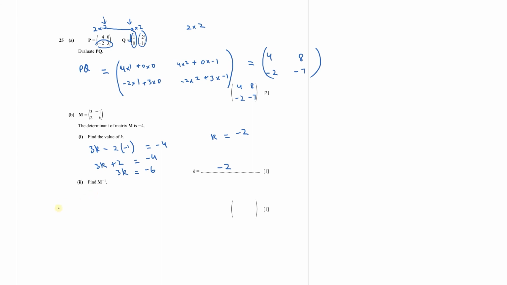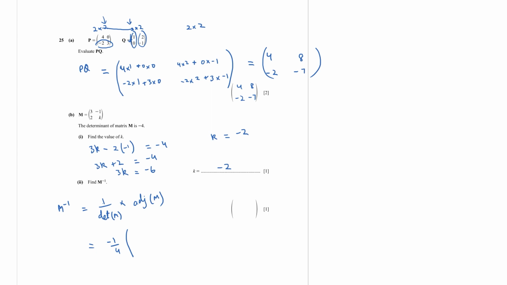Find M inverse. M inverse will be 1 over determinant of M multiplied by adjugate of M. You know that the determinant of M is minus 4, so this becomes minus 1 by 4. And then multiplying by the adjugate of M, what do you do? To get the adjugate, you swap these two values here.